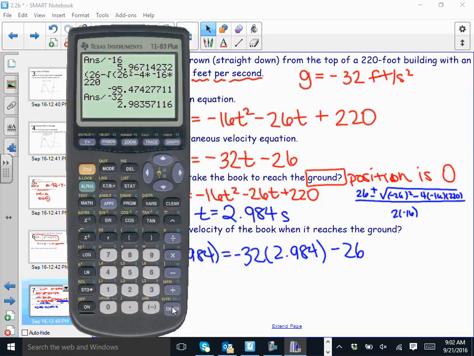So when you get that answer, instead of having to plug it in again, you can say negative 32 times second answer minus 26 and get a velocity of negative 121.474. Should the velocity be negative? Yes, because our book is falling down, so our velocity should be negative.